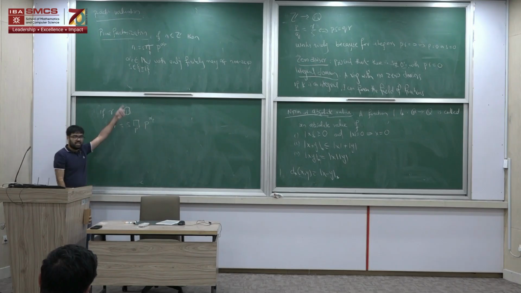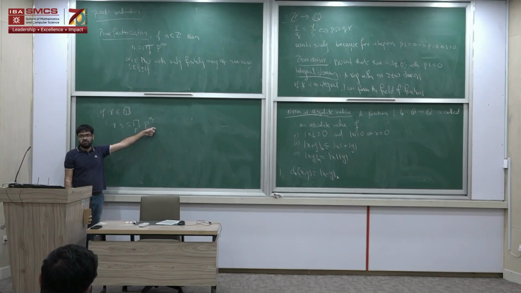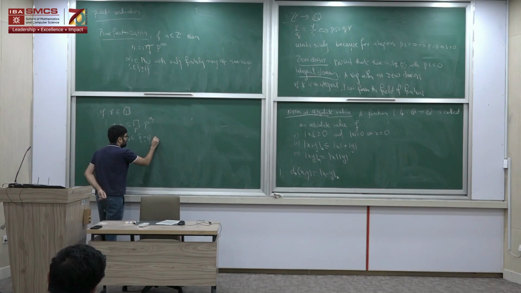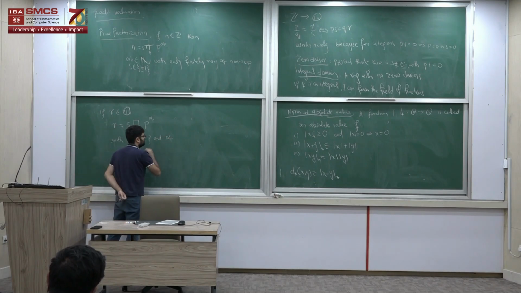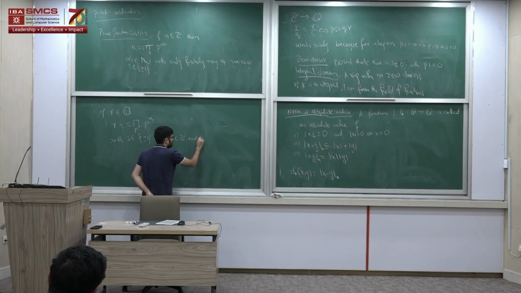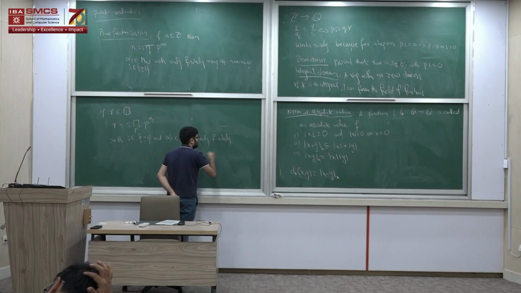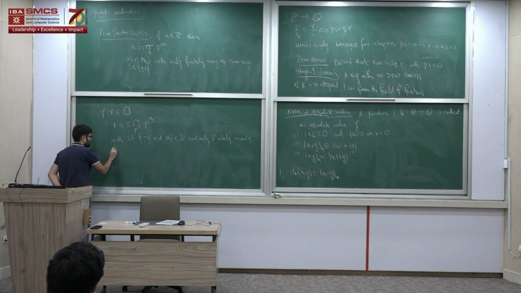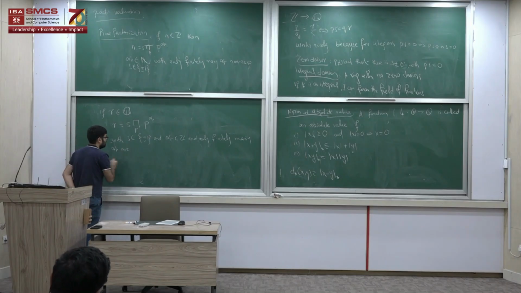The difference from the case before is that now I can allow these alpha p to be negative. So, with s in plus minus 1 and alpha p integers, and only finitely many alpha p are non-zero.